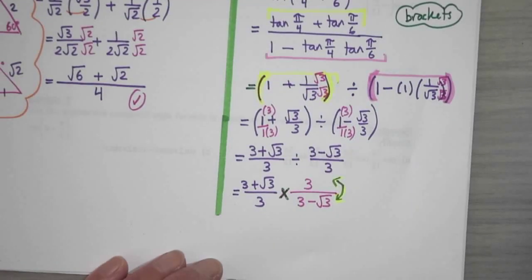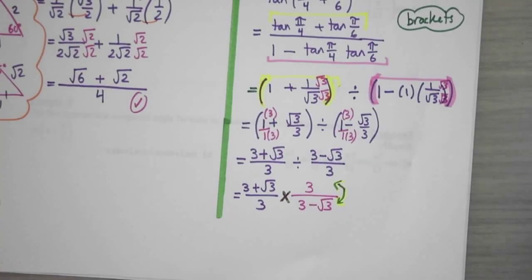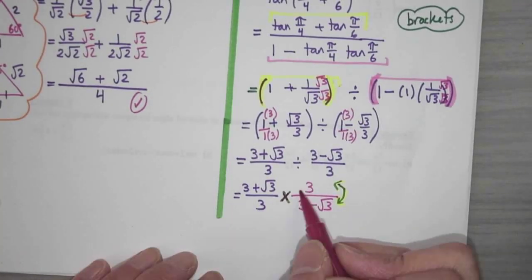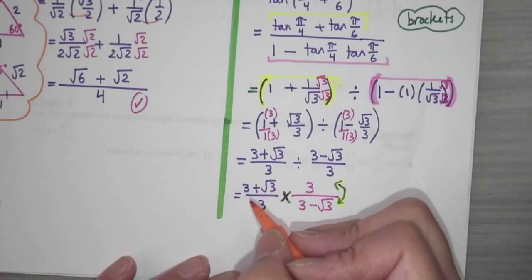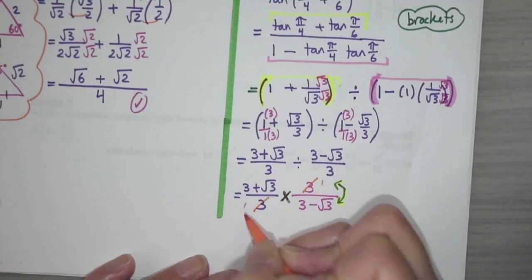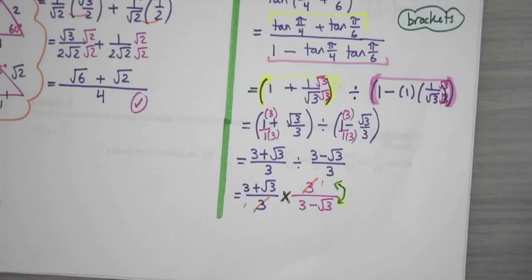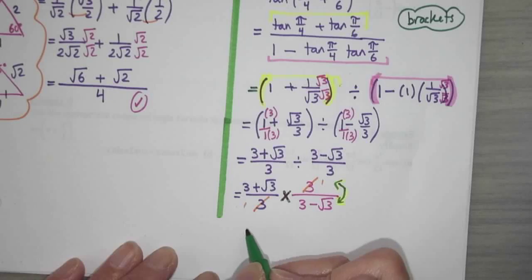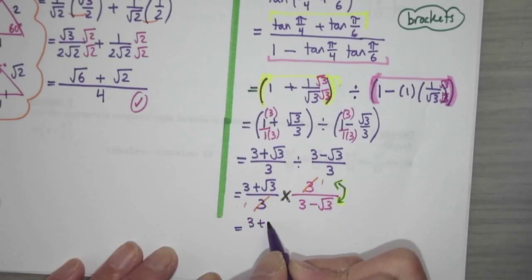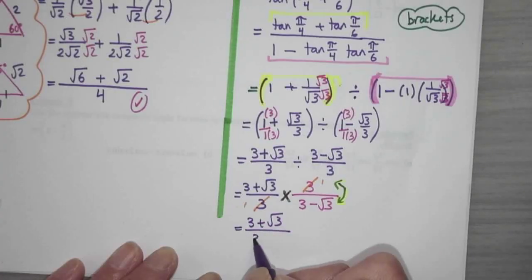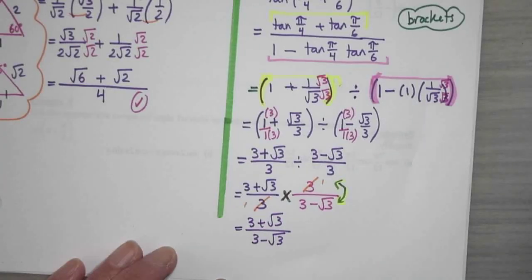We're okay there. And now we are allowed to cancel when it's multiplication. So we can cancel the 3 and the 3. They both go away and just become 1. Okay. I'm going to go equals 3 plus root 3 over 3 minus root 3.